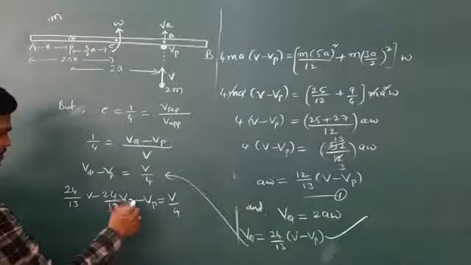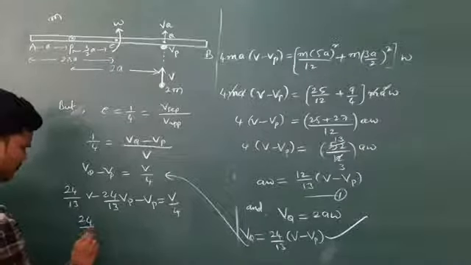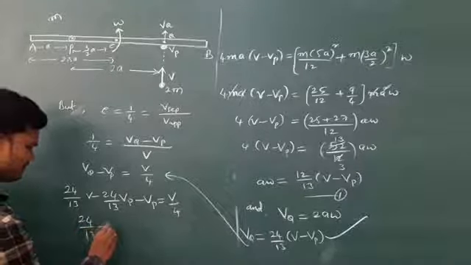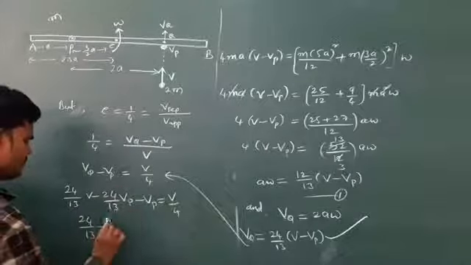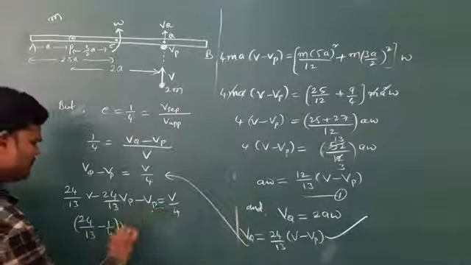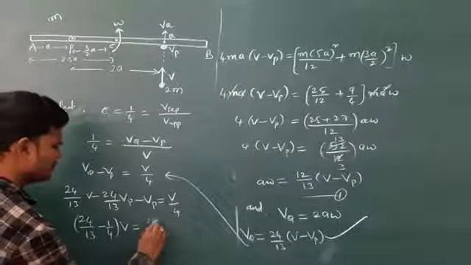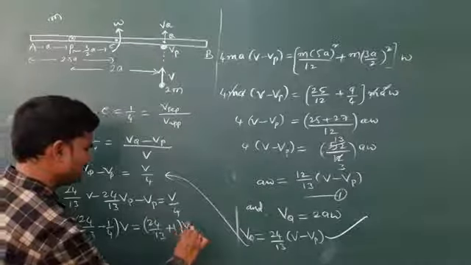So take this Vp on one side. 24 by 13 minus 1 by 4 into V, which is equal to 24 by 13 plus 1 into Vp.